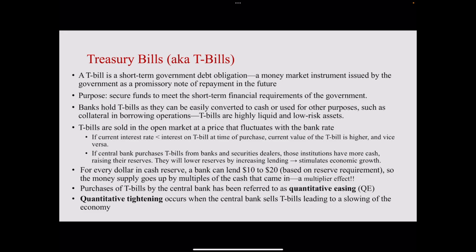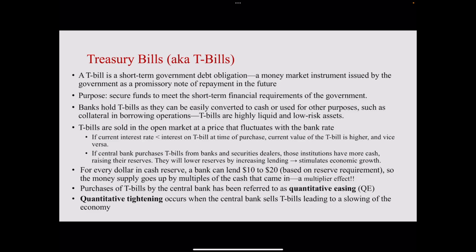If the central bank purchases bills from commercial banks and securities dealers, those institutions have more cash, raising their reserves. They will lower reserves by increasing lending, which stimulates economic growth, economic activity.